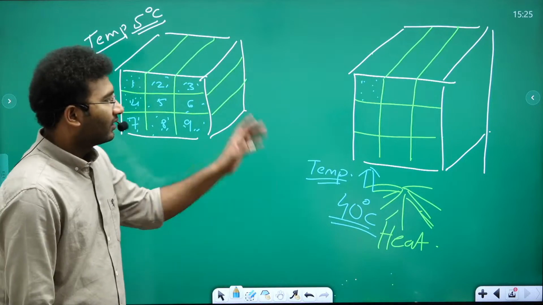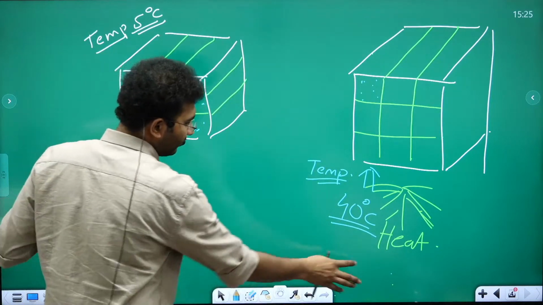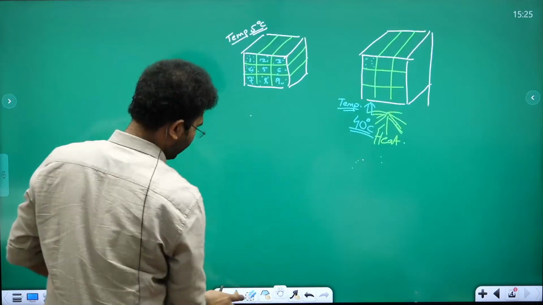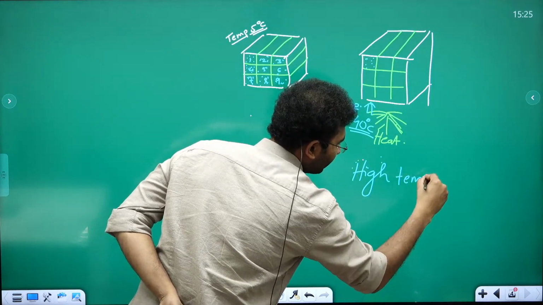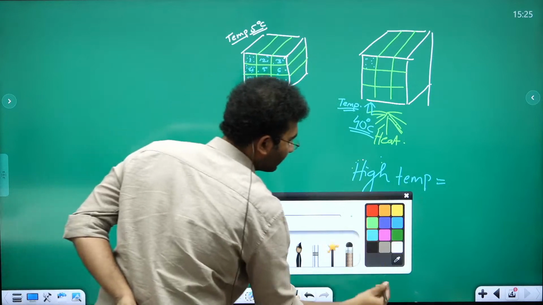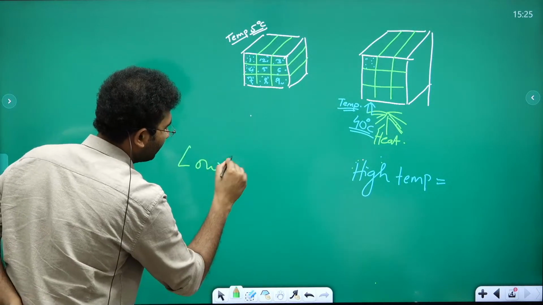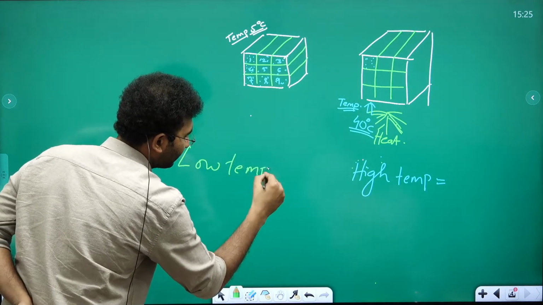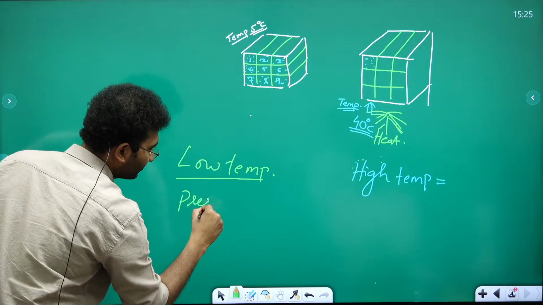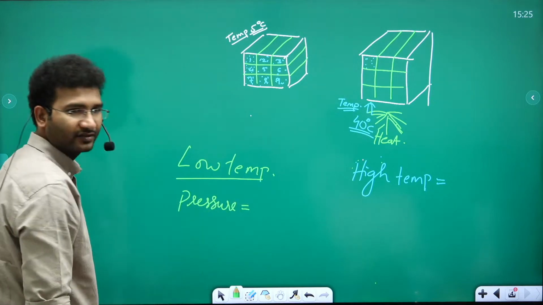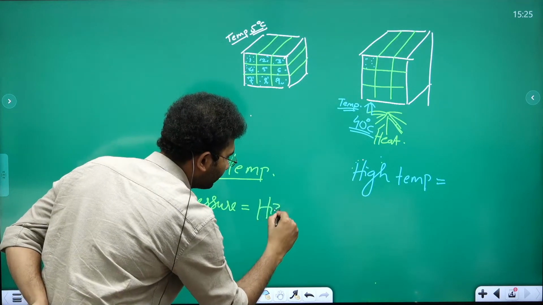Right? High temperature, by this logic, you see, you have high temperature and you have low temperature, right? What is the pressure? Pressure, here it is high.